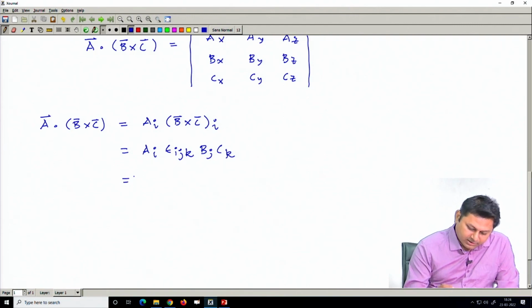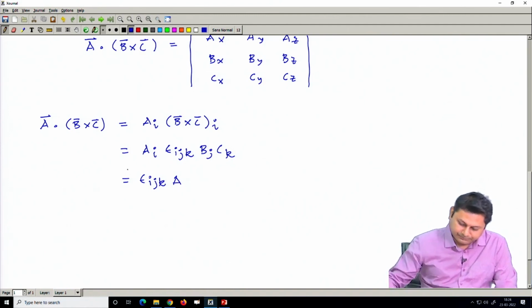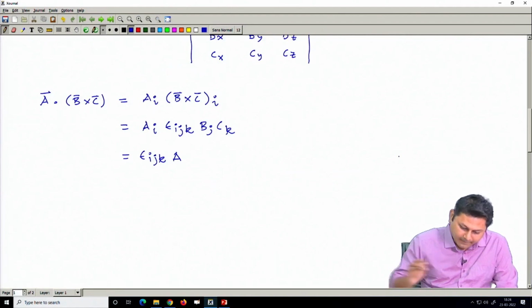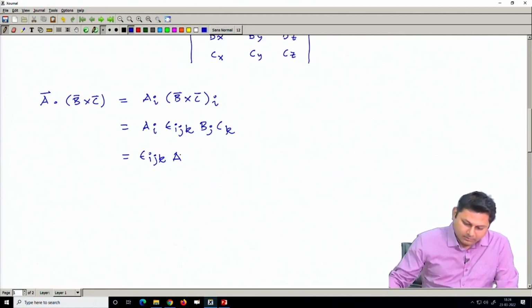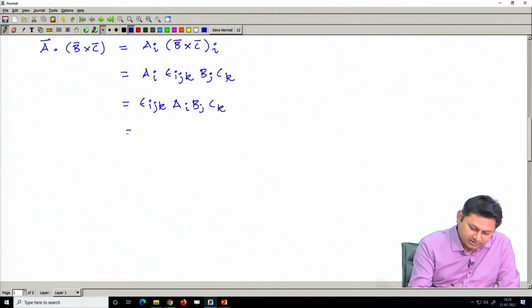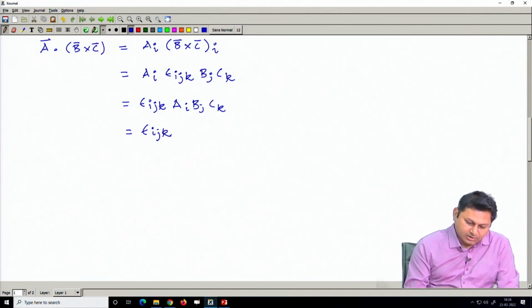Now I manipulate this. I write epsilon i j k because I am dealing with the components. I put this a inside, a i, and then b j and c k. The next thing is I rearrange a few things.